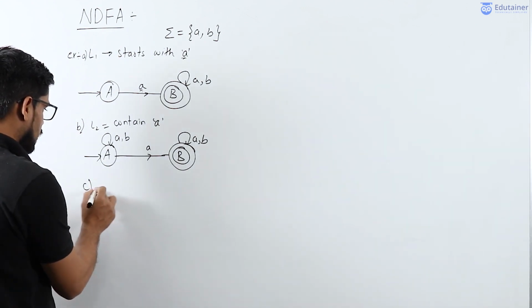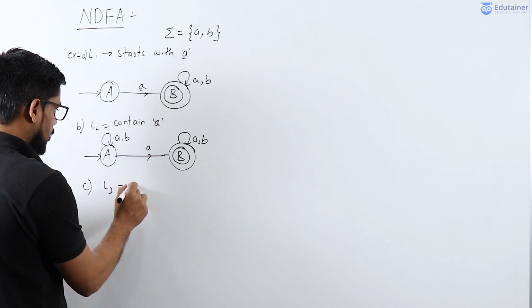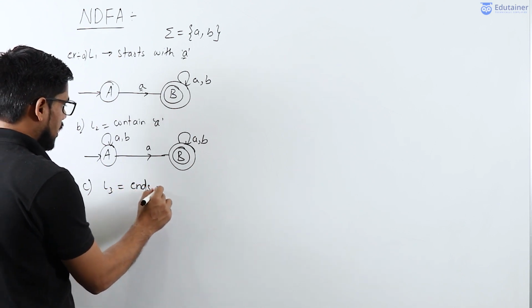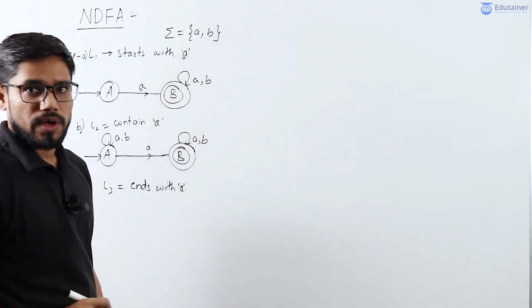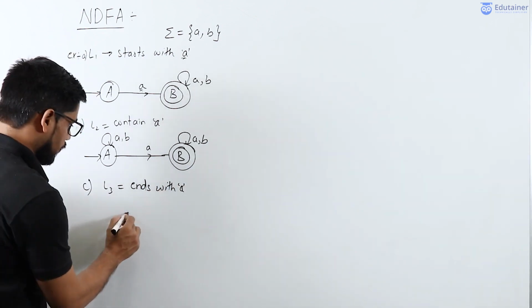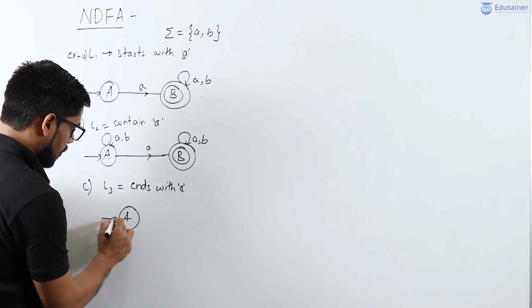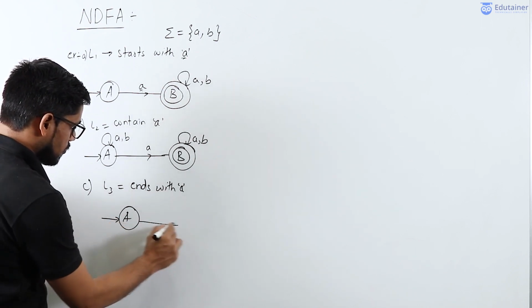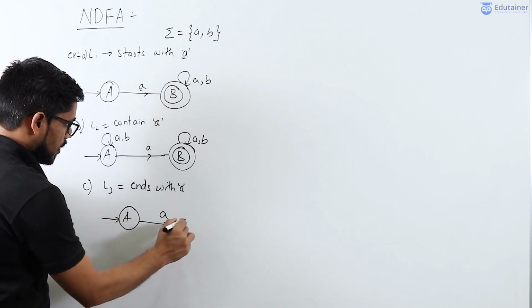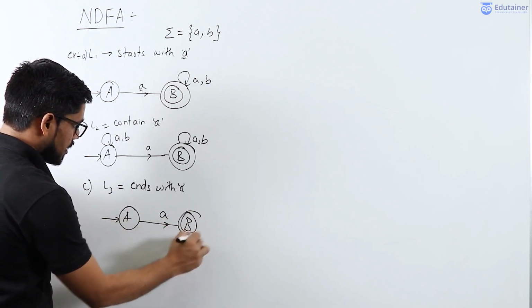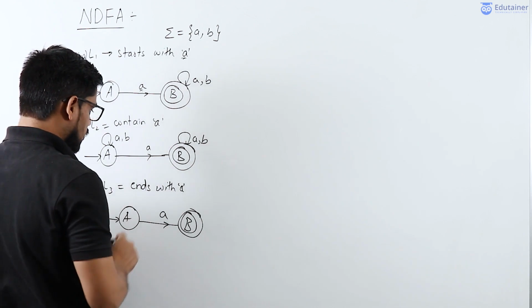Similarly, let's say language L3 ends with A. In ends with A, capital A is the initial state. If you see A, then you will go to the next state, which is the final state.